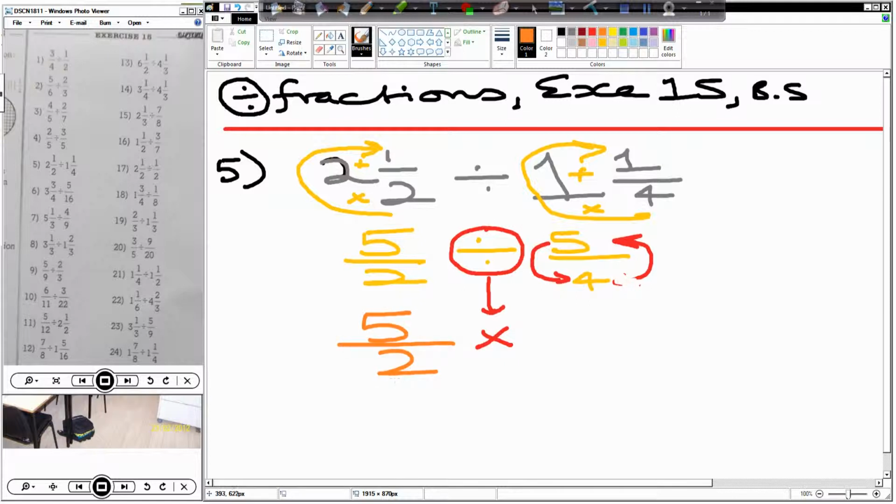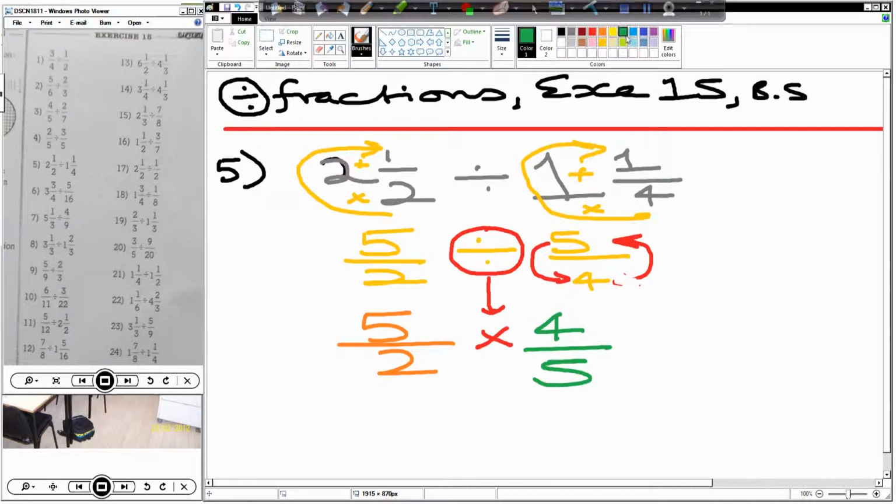Does that change? No. Does the divide change? Yes. The divide has now become a times. What does the 5 quarters now become? It has become 4 fifths. The 4 from the bottom went to the top and the 5 went to the bottom. So these things have been changed. The divide has become a times and that's become 4 fifths.